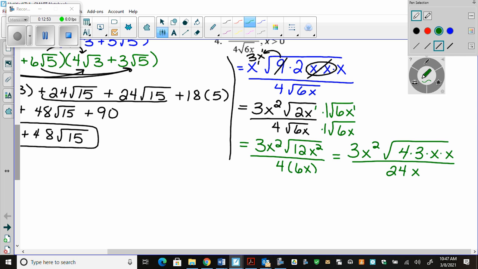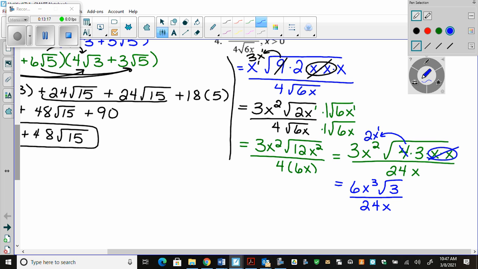So the 4 can come out as a 2, and these x's can come out as an x. So on the top, I'm left with 3 times 2, which is 6. X squared times x is x cubed, root 3 over 24x.